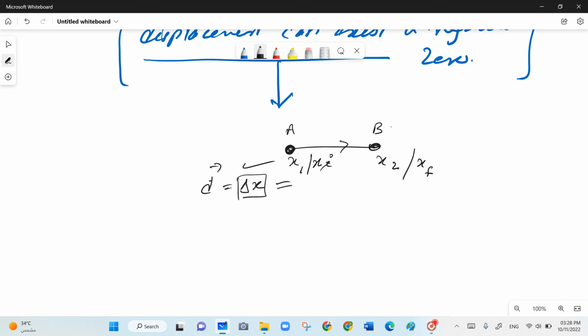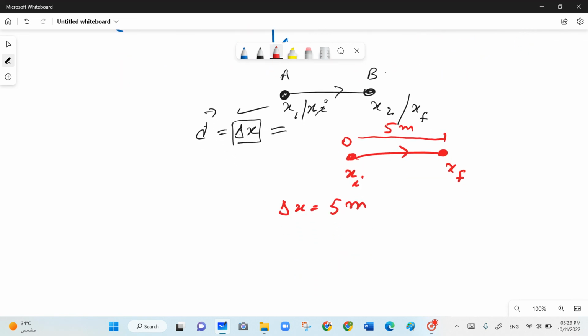So this is xi, the initial position, and this is xf. Then what will be the displacement delta x? For example, this is 0, and when we reach here it is 5 meter. So we simply write 5 meter.